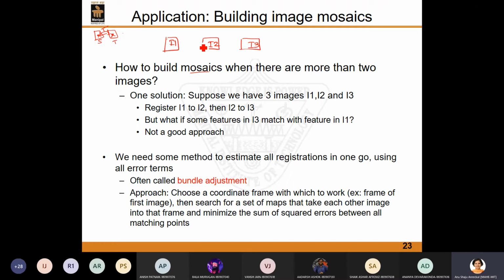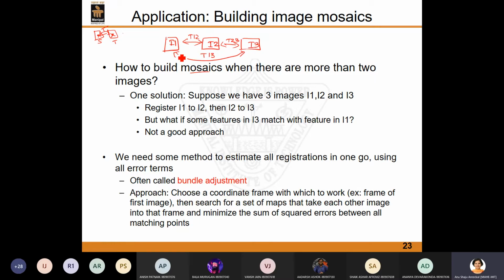Now, in this case, since you have three images, I need to find the transformation between images 1 and 2, the transformation between image 2 and 3, and I also need to find the transformation between the first image and the third image. That means if you have multiple images, you need to find the transformation between all the three images.